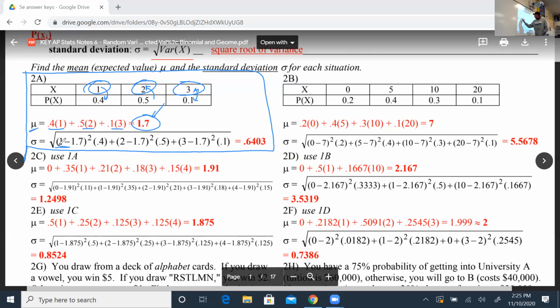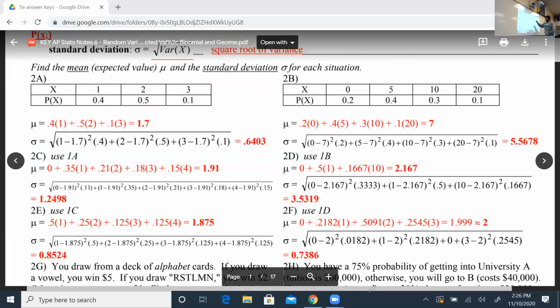Here's the first one: 1 minus 1.7, squared, times the probability of it happening, plus 2 minus 1.7, squared, times the probability of it happening, plus 3 minus 1.7, squared, multiplied by the probability of it happening. And all of that you square root. It's very, very time consuming to do, but it's a pretty easy pattern to follow. So that's 2A.